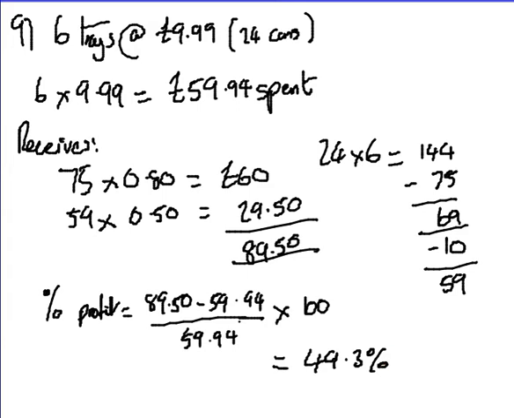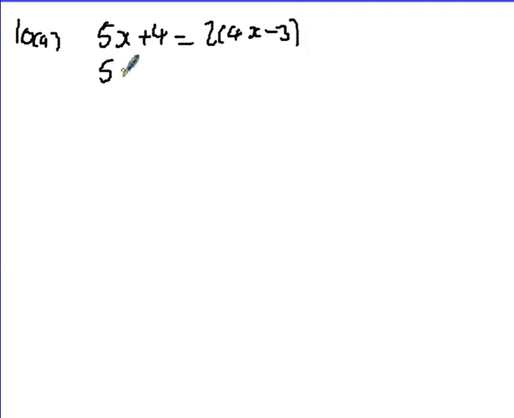Question 10 is your equation question. So 10a is what I would call a slightly more straightforward one. So step 1, show them that you can times out your bracket first. If you have a freak out on this and you're not sure past this, please do that. So 5x plus 4, 2 times 4x is 8x, 2 times 3 is 6.